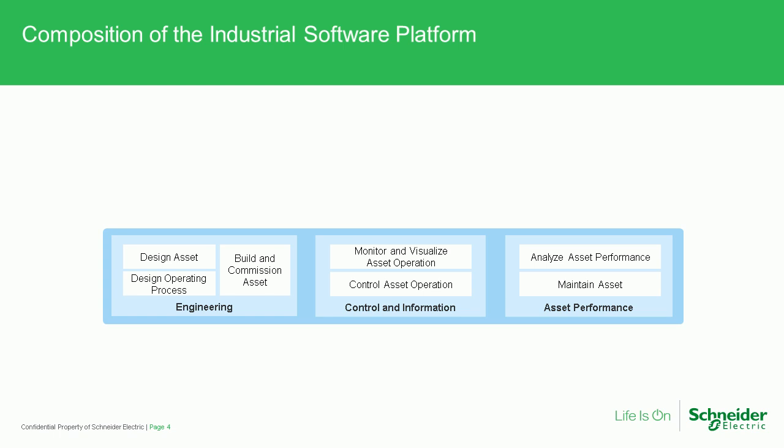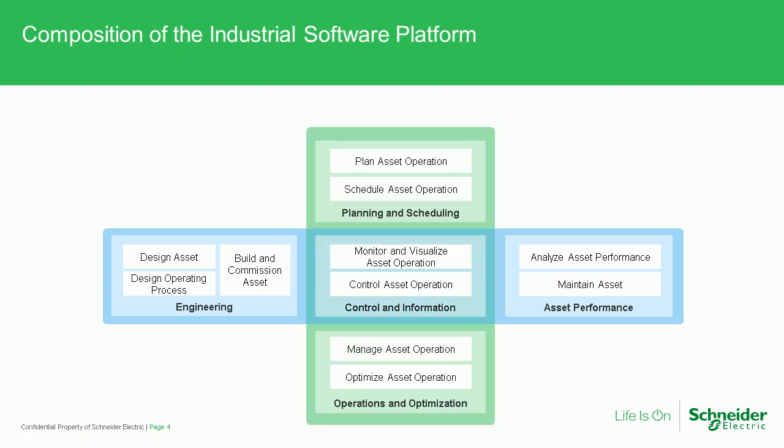This is the traditional HMI SCADA space, where we have brands such as Wonderware. Then asset performance, which is the maintenance and support of that asset through offers like enterprise asset management, Avantis, and asset performance management offers such as Prism. That makes up what we call the asset cycle within a plant.